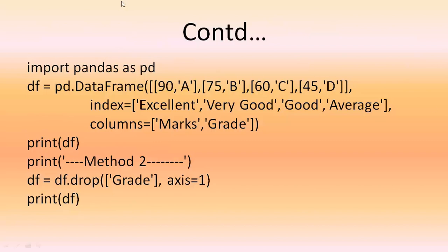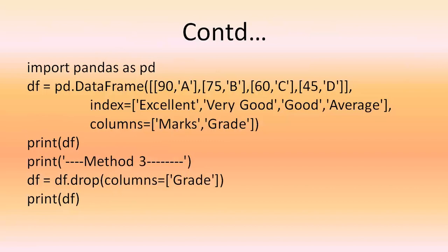Here first you have created a data frame, then according to the second method, df, that is the data frame, dot drop, and inside the brackets you write the column name, comma, axis equals 1. In this manner you can also delete the grade column. This is our second method.